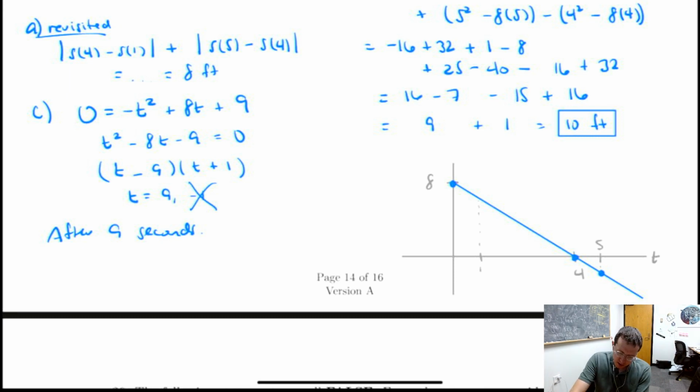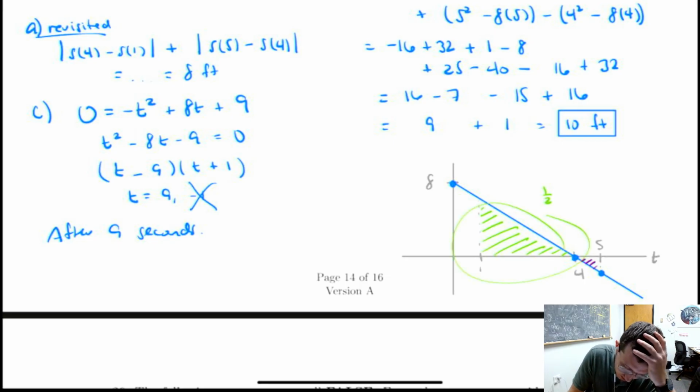So if we look at the velocity graph, the distance traveled is going to be this area minus that area. The area of this first triangle is 1/2 times base times height. The base is 3 because it goes from 1 to 4. The height is 6 because if I plug in 1 for the velocity, I'll get 8 minus 2.